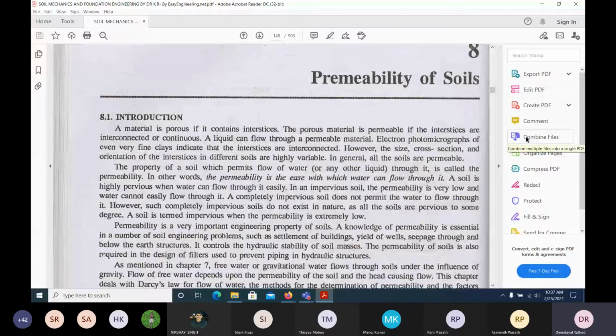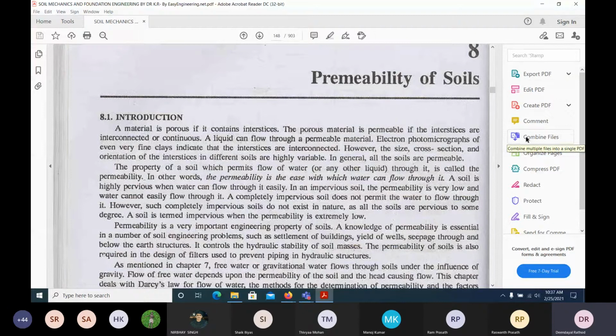Anyway, we know that water will flow through the soil. Permeability is the ease with which water can flow. If water flows very easily through it, we say the soil is permeable, otherwise impermeable.